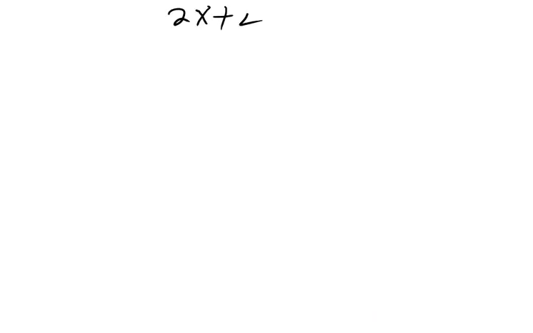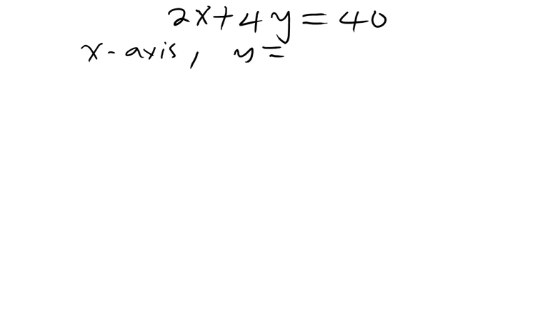So drawing lines is pretty straightforward when you consider the intercepts. The easiest way of drawing a line is to connect the x and the y intercept. For example, in this line, the line cuts the x-axis where y is equal to 0.